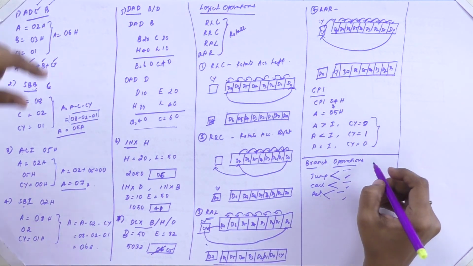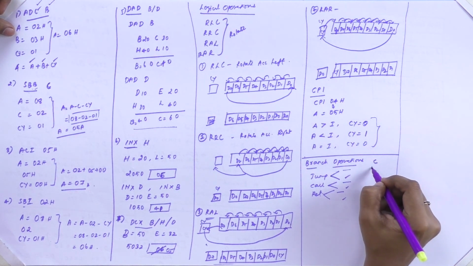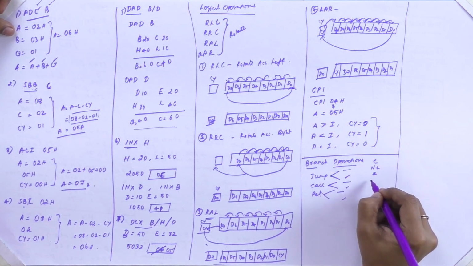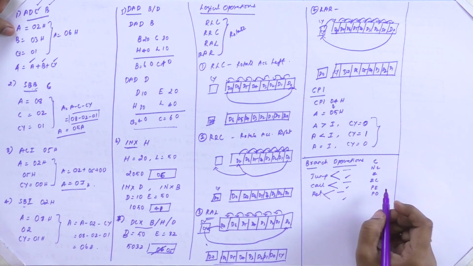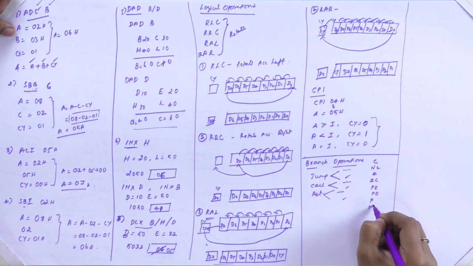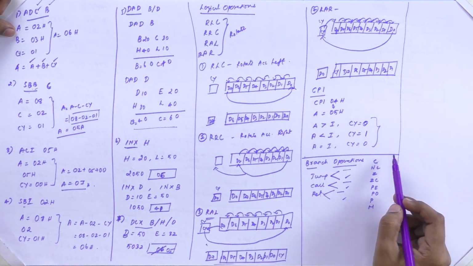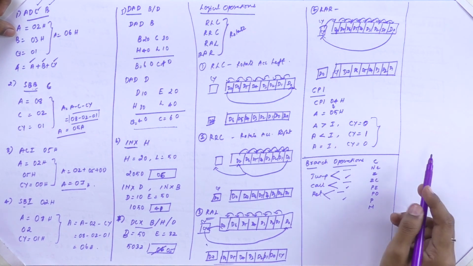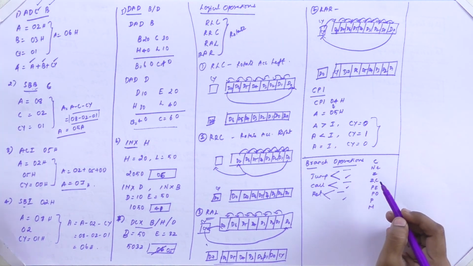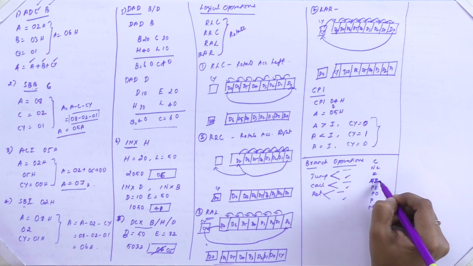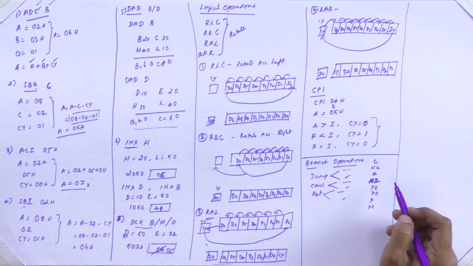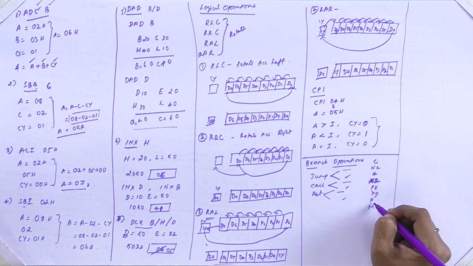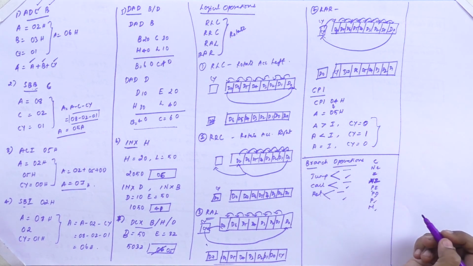The main flags are: jump on carry, jump on no carry, jump on 0, jump on no 0, jump on parity even, jump on parity odd, jump on positive, jump on minus.